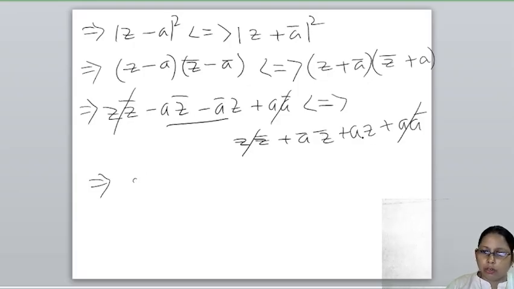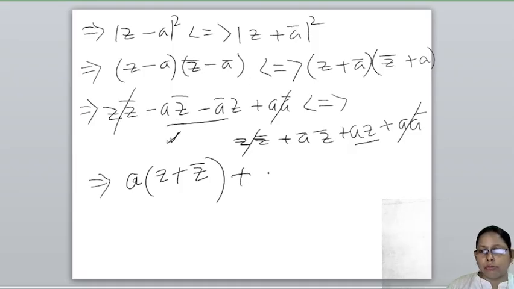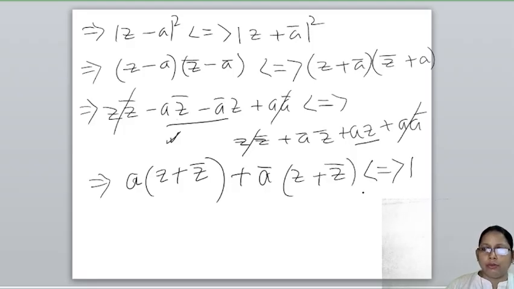Take a common from this term and this term: a(z + z̄). Then again bring this term to the right-hand side and take ā common: ā(z + z̄), less than, equal to, greater than 0.